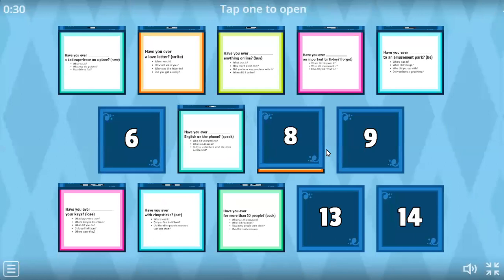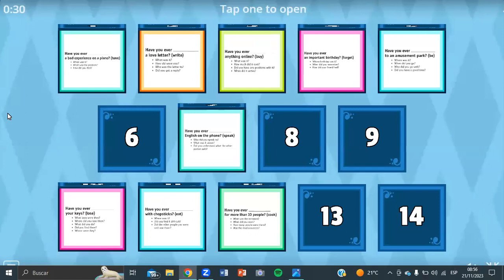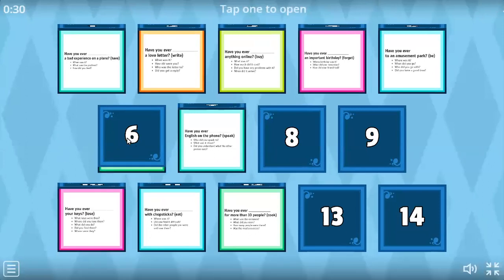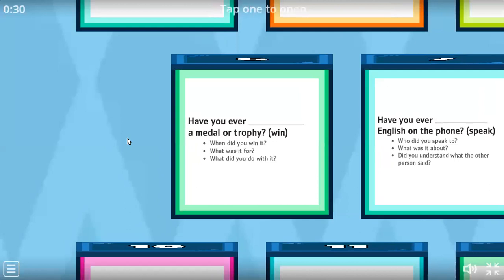Nancy, pick another number, please. Number 6. Have you ever won a medal or trophy? Yes, I have won a medal, but not a trophy. When did you win it? In my school life. What was it for?